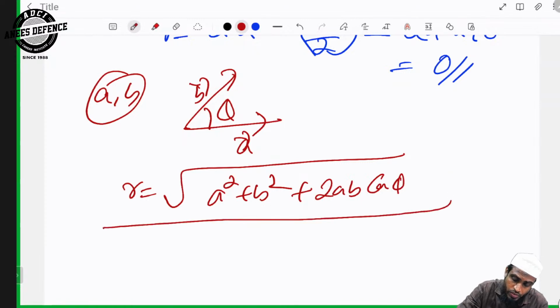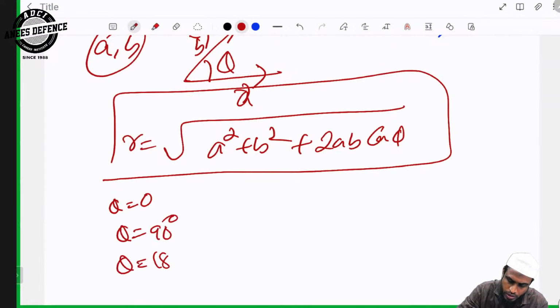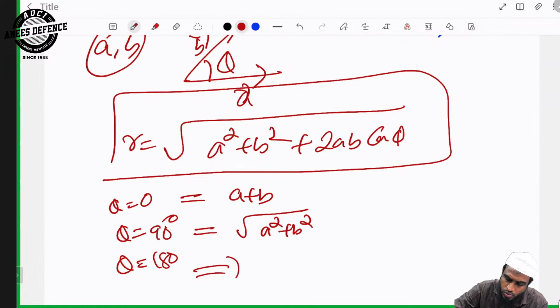So here different cases can be applied. You can consider theta equal to 0 degree, theta equal to 90 degree, theta equal to 180 degree. If theta equal to 0, you have to consider A plus B. If theta equal to 90 degree, you have to consider root of A square plus B square. If theta is equal to 180 degree, A minus B.